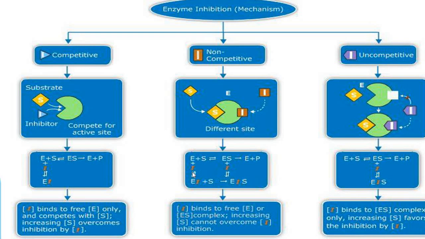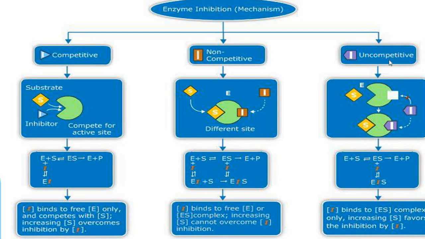The inhibitor can bind directly to the enzyme to form the enzyme and inhibitor complex, or the inhibitor can bind to the enzyme and substrate complex to form the enzyme inhibitor and substrate complex in case of non-competitive inhibition. The inhibitor binds to the free enzyme or the enzyme substrate complex. Increasing the substrate concentration cannot overcome the inhibition in the case of non-competitive inhibition.